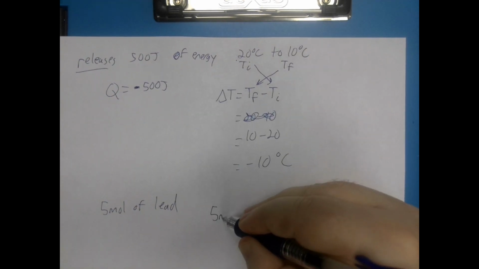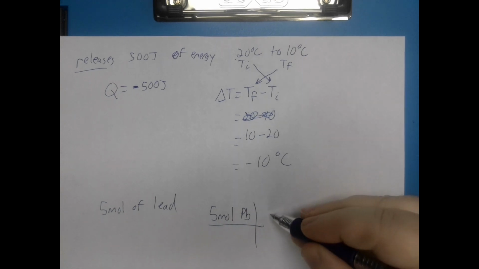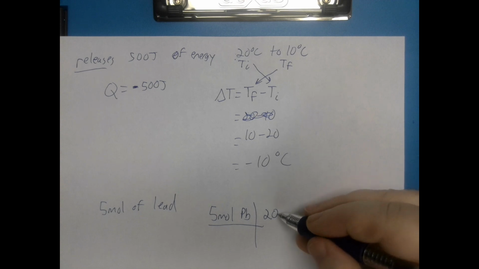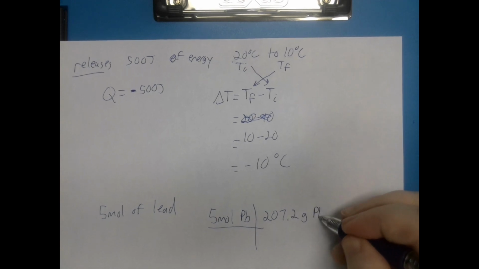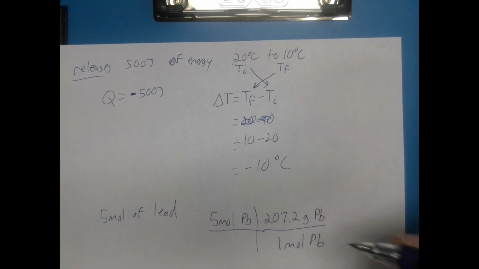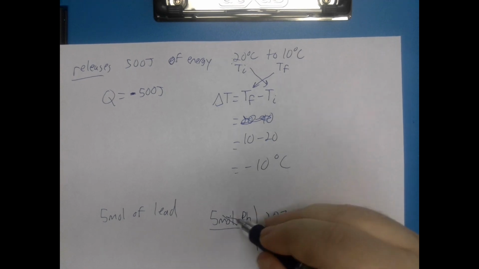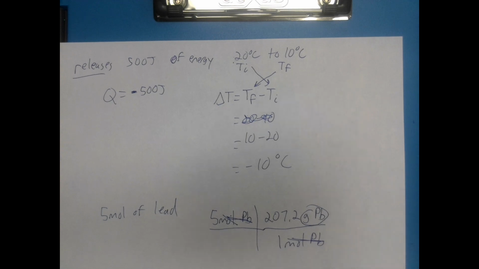So 5 moles of lead has a conversion factor of 207.2 grams of lead per 1 mole of lead. Moles of lead cancel out, giving us grams of lead left.